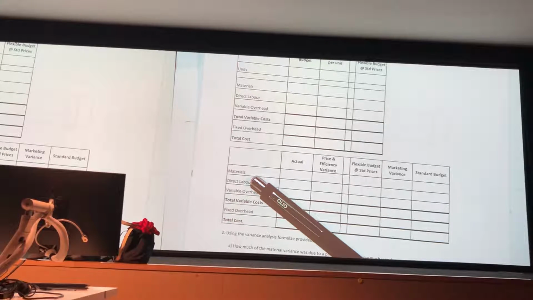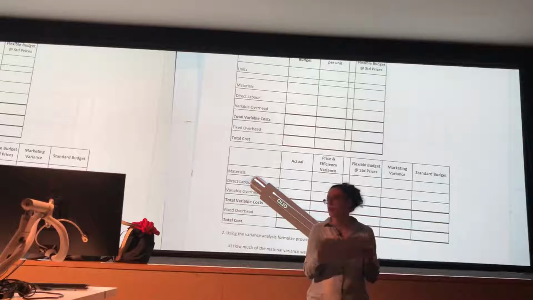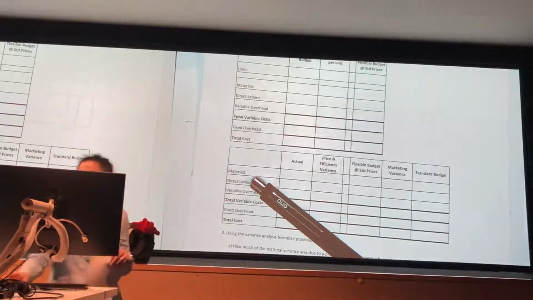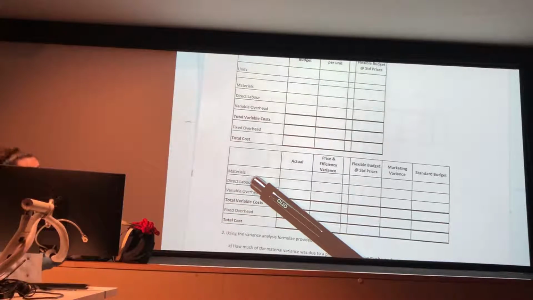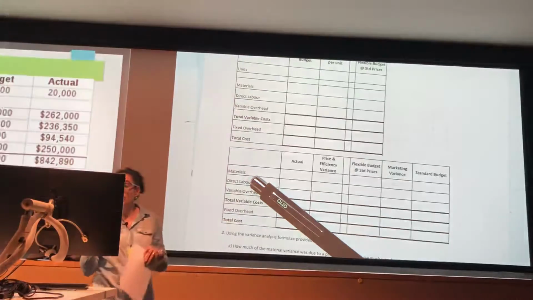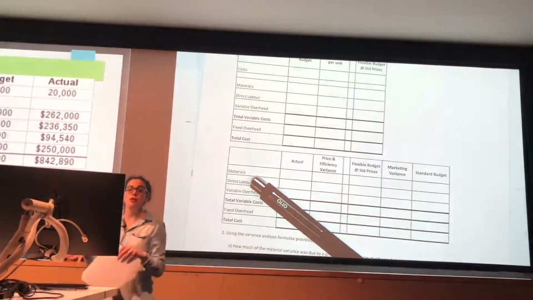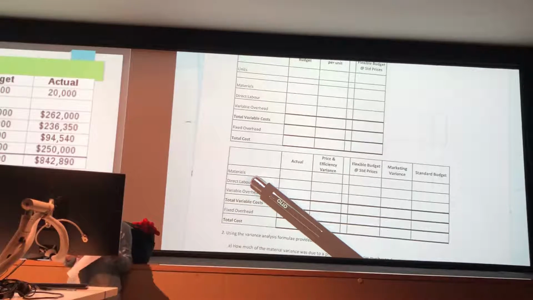So, I'm going to read you a scenario. It was part of your pre-work. I might throw it up here. So basically it says the cost of production budget is shown in the table for a small manufacturing company.